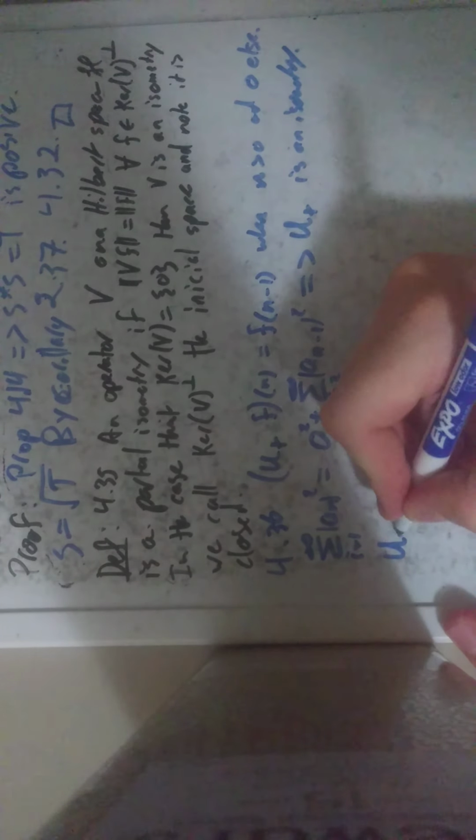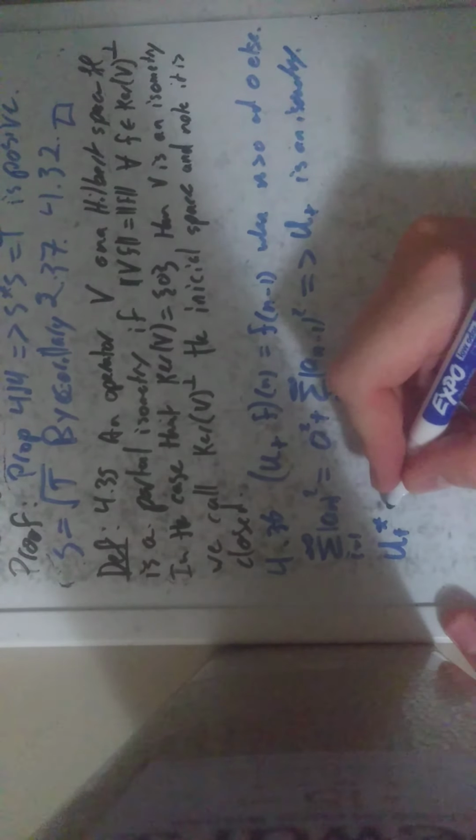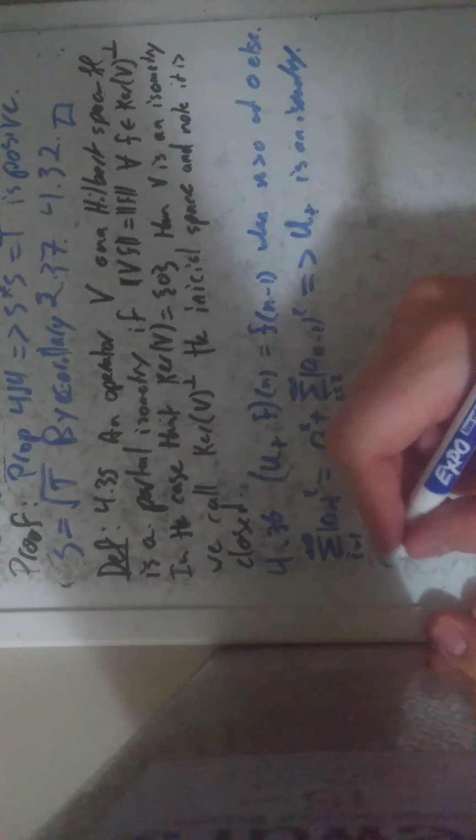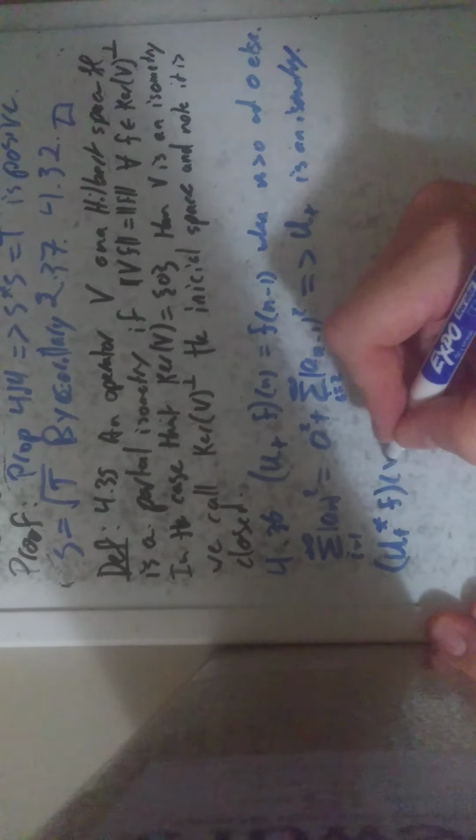Now, to show that U plus is not unitary, we need to find U plus star, which we note is, it turns out, equal to this.